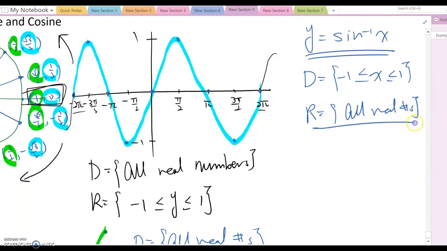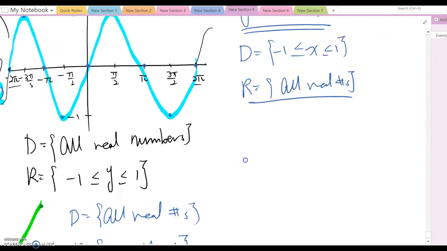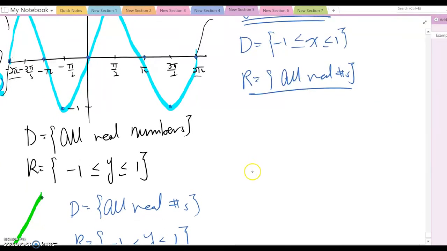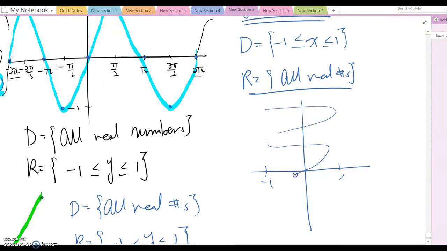However, if it is all real numbers, then what's going to happen? So I just briefly drew this picture. Please remember that this is not accurate though. Somehow it becomes like this, right? But is it a function?